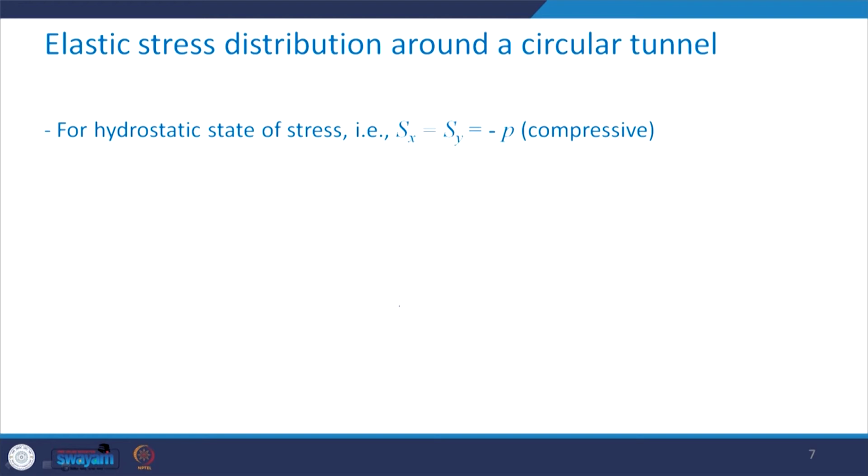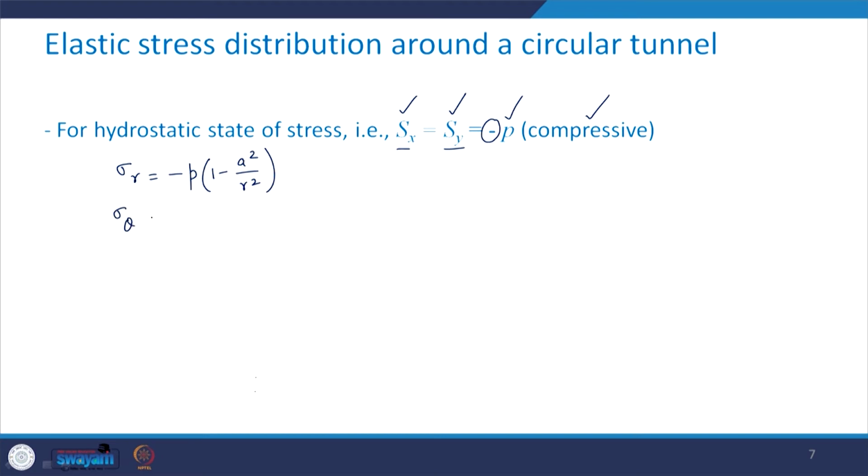When we have the hydrostatic state of stress, that means Sx becomes equal to Sy, and say that is equal to P. Since it is compressive in nature, I am introducing a negative sign with this state of stress, which is P. So, if we just substitute Sx equal to Sy in equation number 12, what we are going to get is sigma r equal to minus P into 1 minus a square upon r square.